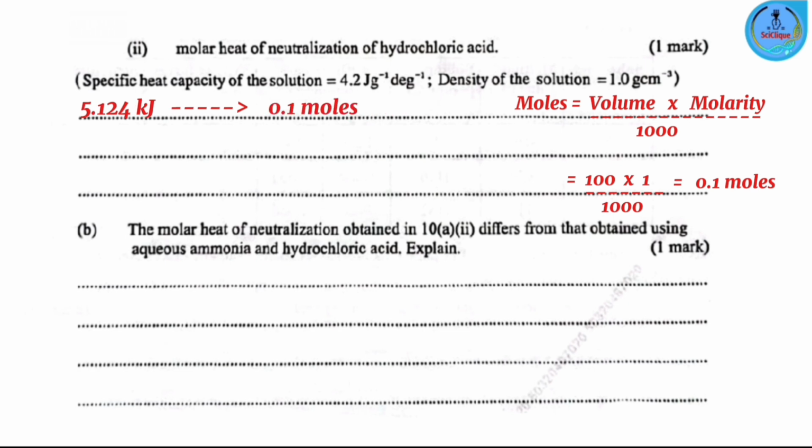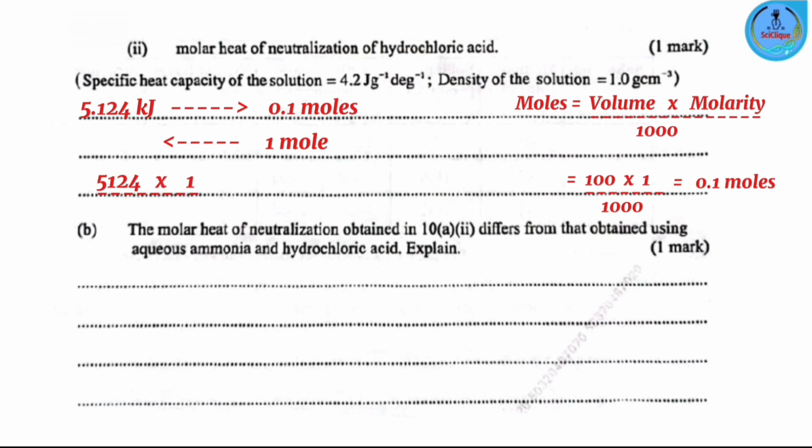What about for 1 mole? So if 0.1 mole of hydrochloric acid evolved 5.124 kilojoules of heat energy, what if we used 1 mole? How much heat energy are we going to liberate? At this point, it's simply a matter of cross multiplying.